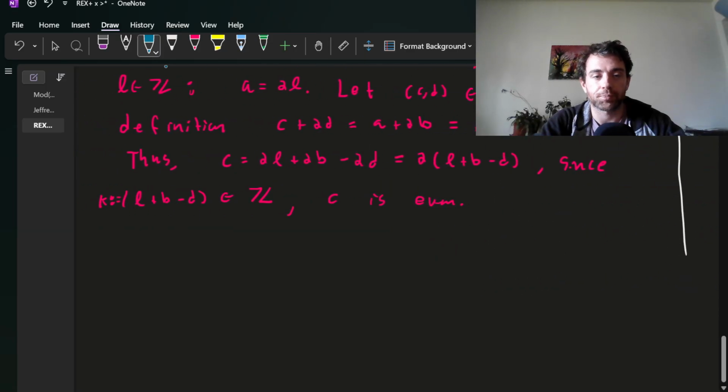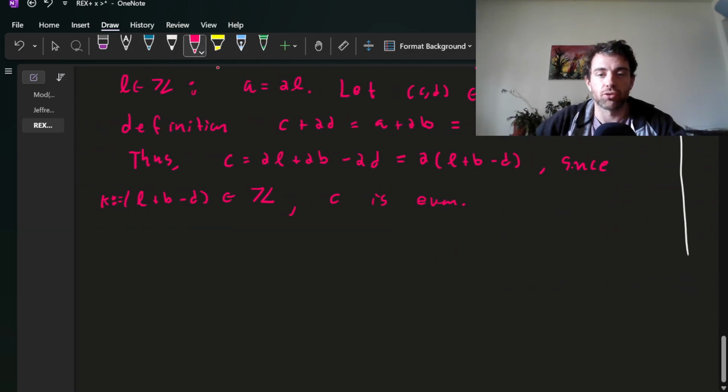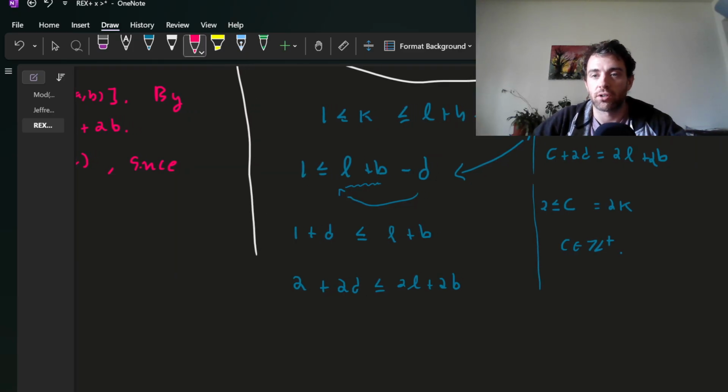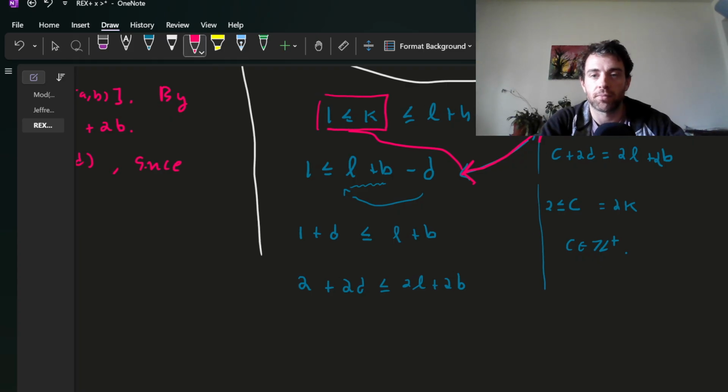So let's go through these steps, and the step that we want to start with is here, right? Because this is our starting assumption, and we want to work through all of this logic to basically arrive at this inequality.